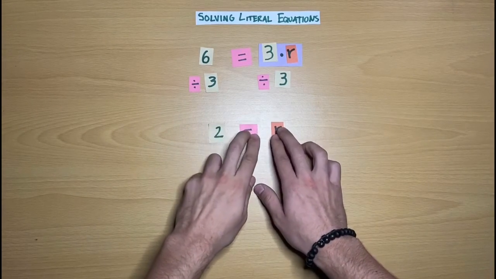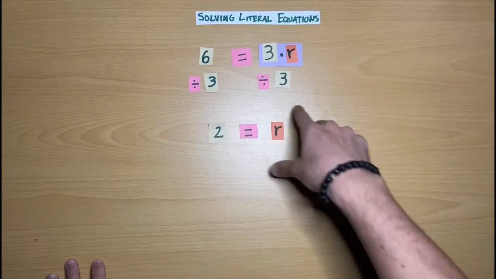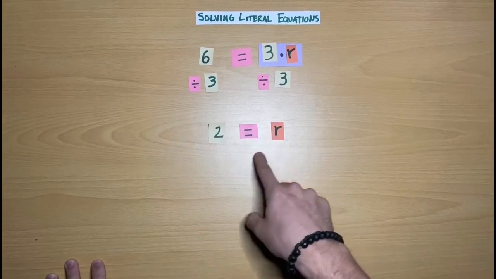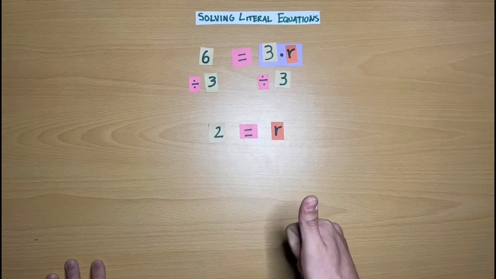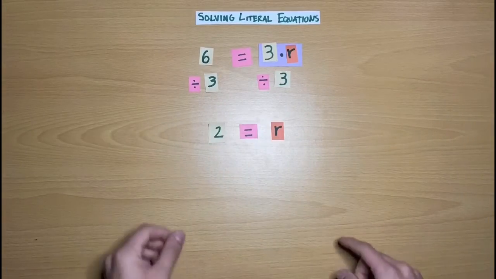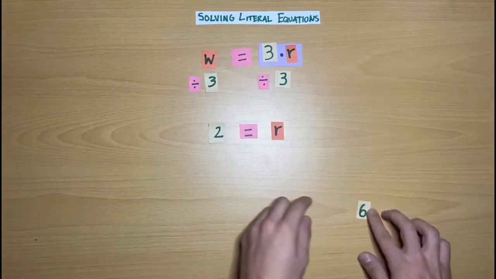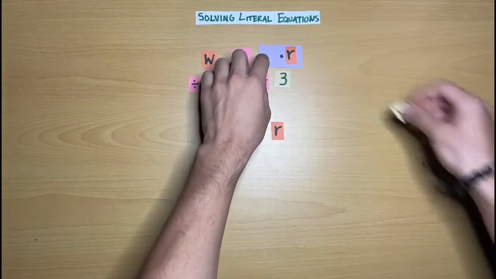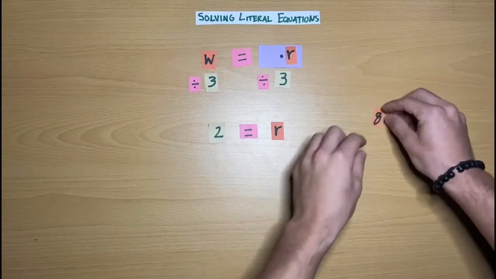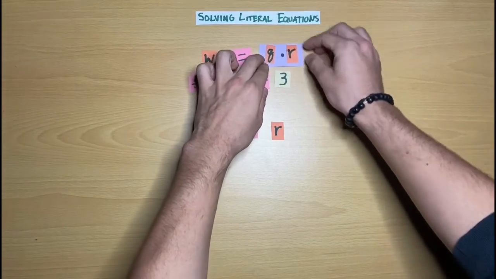So if this were a normal equation, not a literal one, this would be perfectly solved. R equals 2, everything would be good. However, we don't have 6 and we don't have 3. Instead, we have a w and we have a q. Yet everything else is going to stay exactly the same.